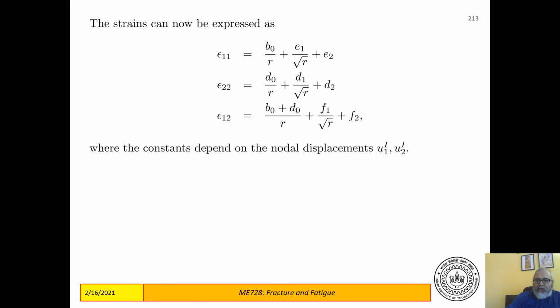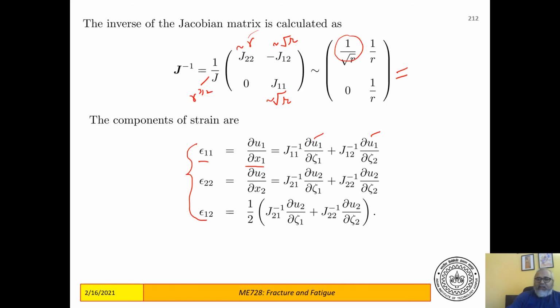then you can see that I can plug in J11 inverse, for example, I know goes as 1 by r. J12 inverse I know goes as 1 by root r. If I do this, and there are the shape function terms hidden here, the shape function terms also have some r variation, and they are also dependent on the nodal values of the displacements.